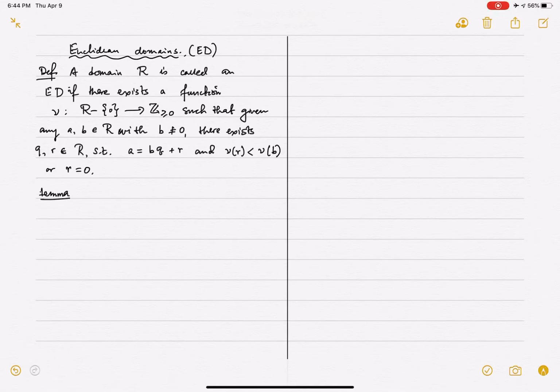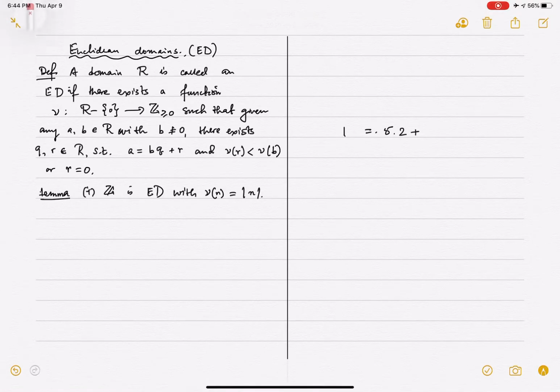Okay. And so the first result would be some examples. Z is ED with Euclidean valuation being the magnitude of the number. So if you give me a number a and a number b, I can divide and get a quotient and a remainder.